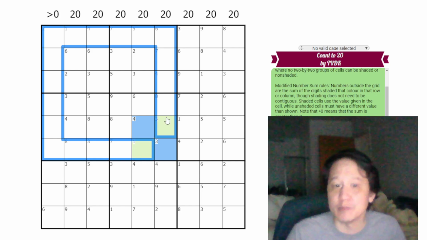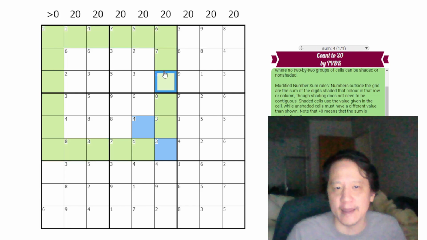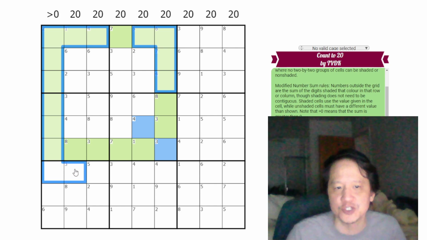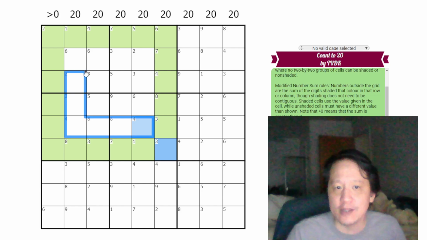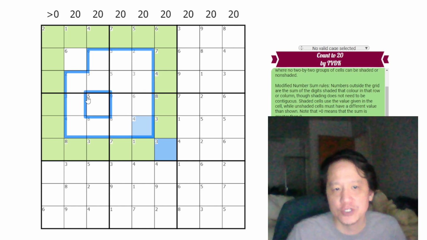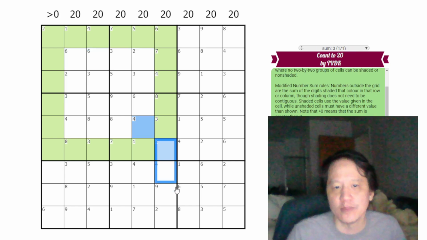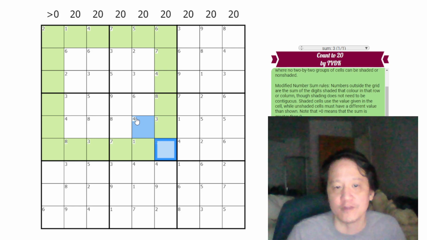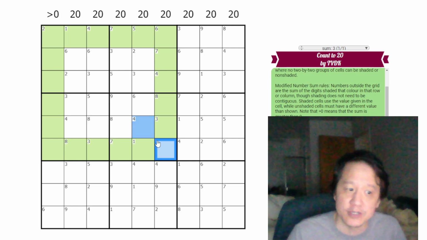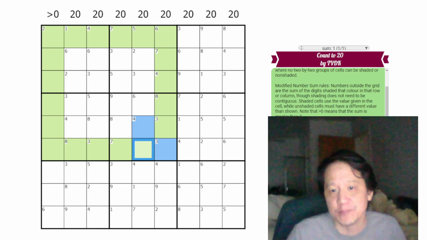But the problem is, as you notice, if it's made in some sort of shape, and it doesn't matter what, as long as it's connected, now you have two shaded areas. And the problem is that this doesn't work, right? Because you have to have one contiguous area for the shaded and one contiguous area for the unshaded, right?